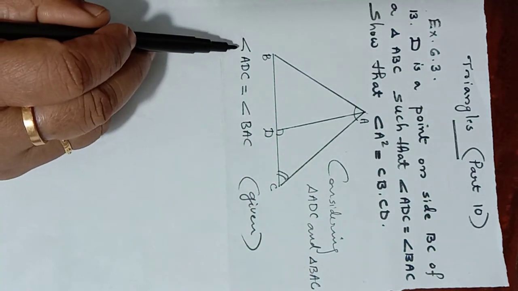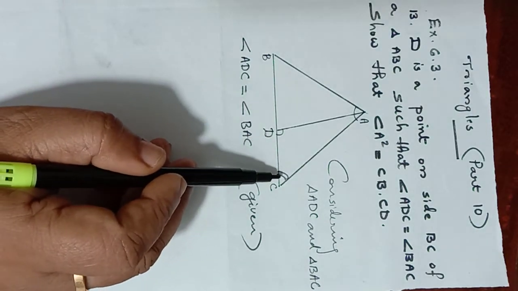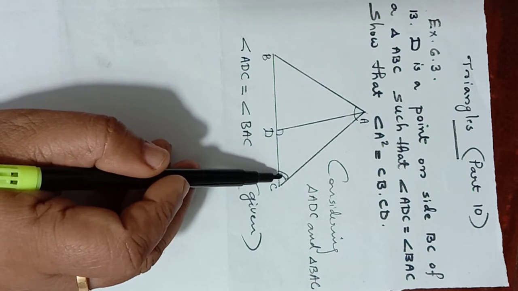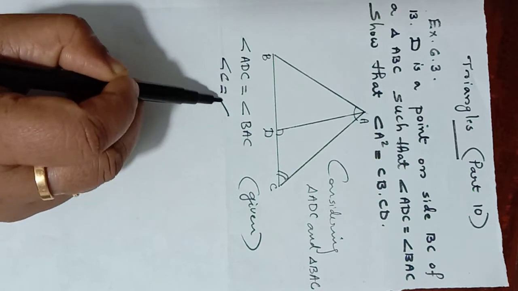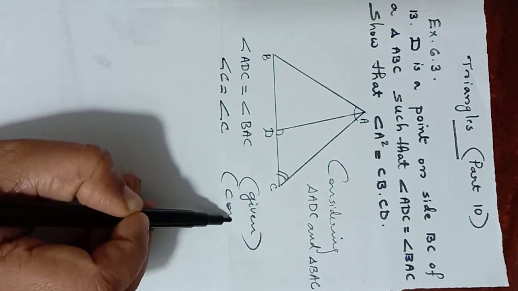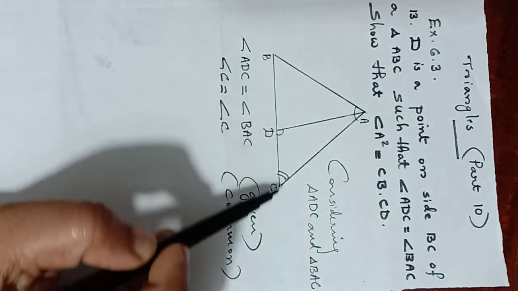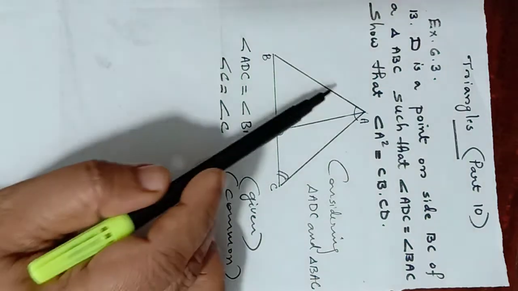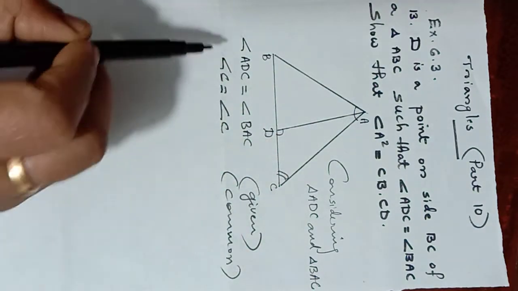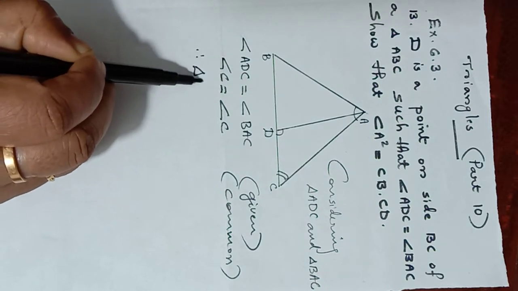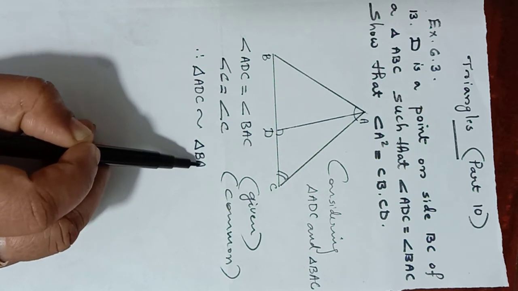Then we will be having angle ADC equal to angle BAC, and angle C is common for both. Angle C is equal to angle C, which is common. You can see we have angle C in triangle ADC and also in triangle BAC. Therefore, we will say that triangle ADC is similar to triangle BAC.